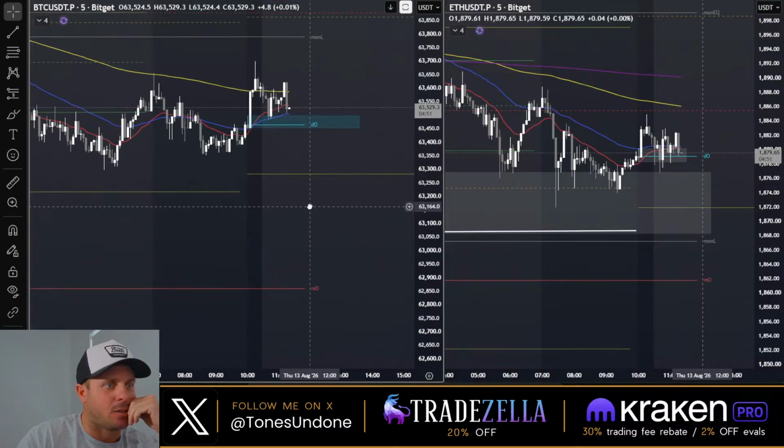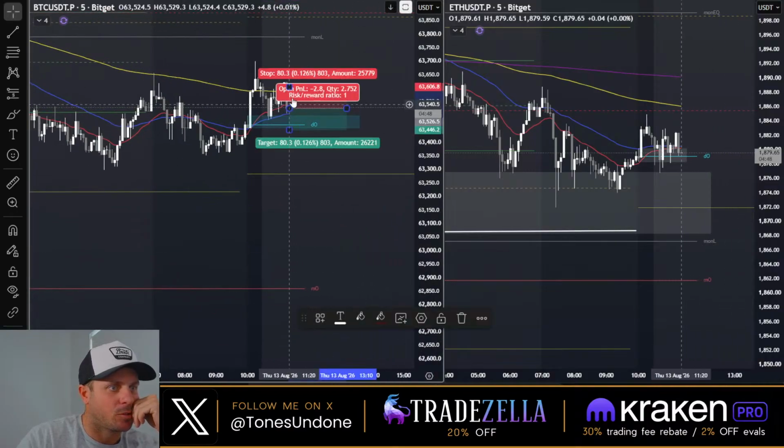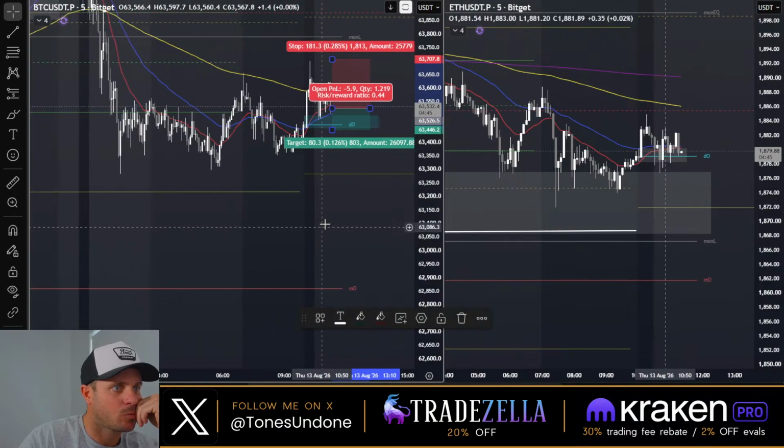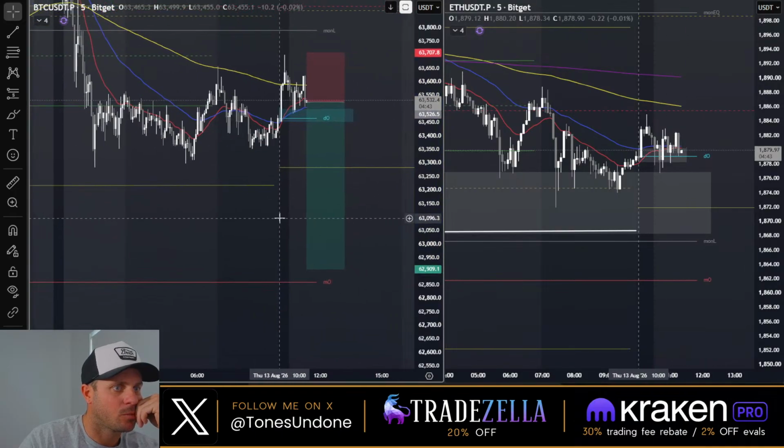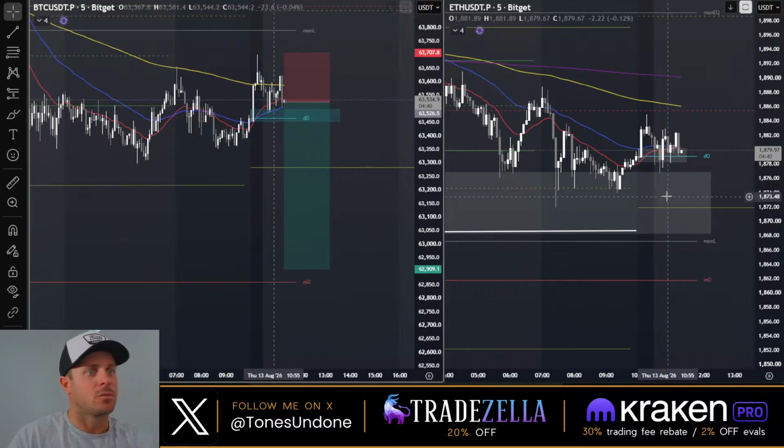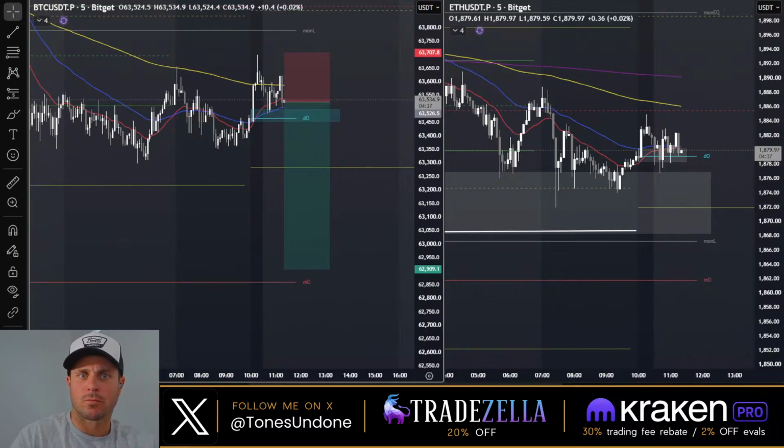That's an expensive stop loss on Bitcoin, something that tight, I would say. 63,708. $1,000 risk. $135 to open, which is all right.